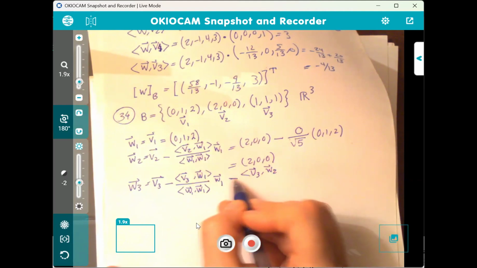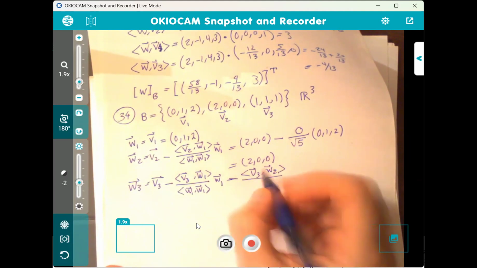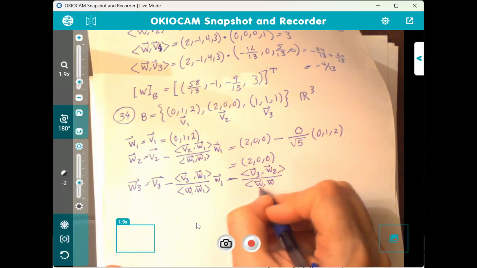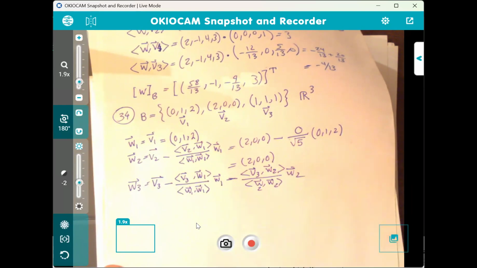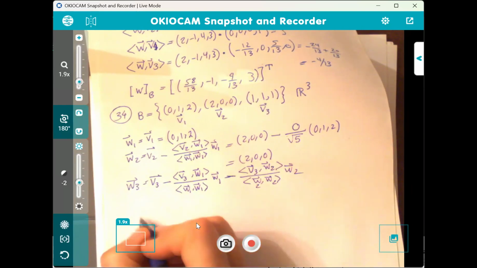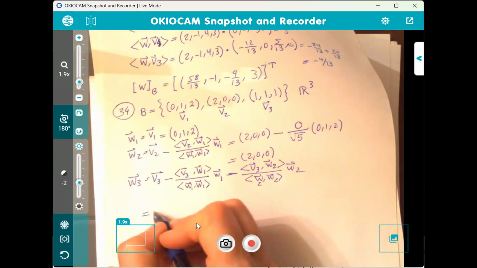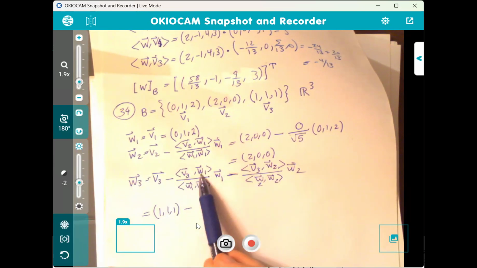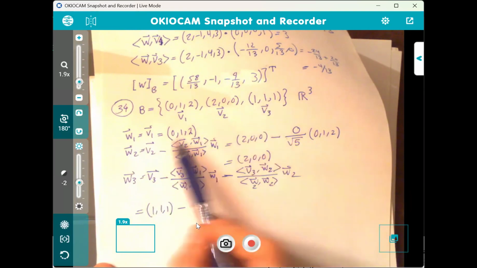This one, projection of V3 onto W2, divided by the inner product of W2 with itself, in the direction of W2. There you have it. So V3, the third vector, is 1, 1, 1 minus V3 dotted with W1, which means this vector dotted with this vector.